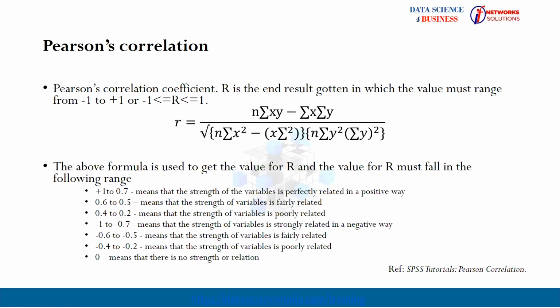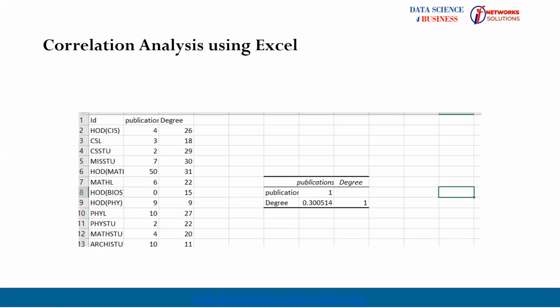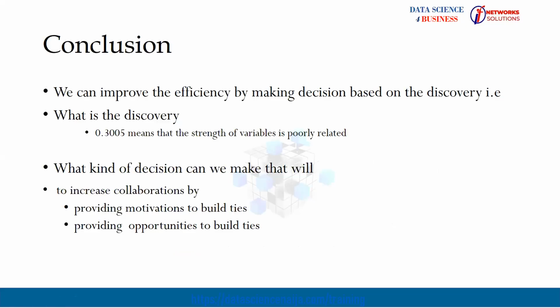Oh, that's a very wonderful insight. So what we can do is that if we want publication or performance to continue to increase, we can now focus on the network. How will individuals be able to have a lot of degree connections? Because we have seen that connection leads to increased productivity.